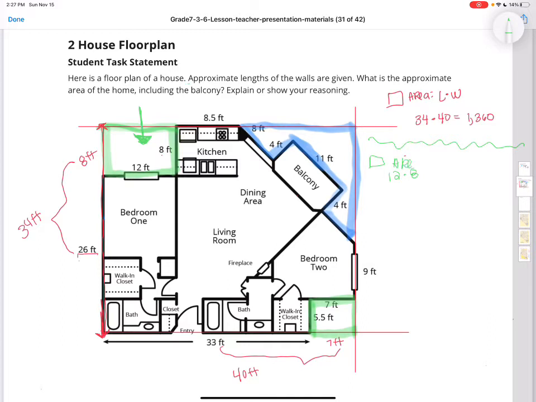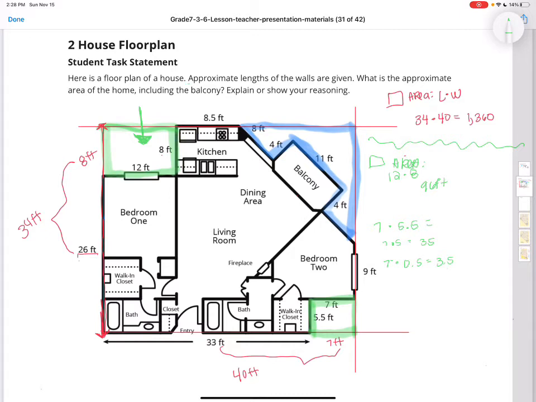It's the same as the area formula for the larger rectangle. So it's going to be 12 times 8, which is 96 feet squared. Then for the smaller rectangle, it will be 7 times 5.5, which, if we tie in that warm up, we'll say 7 times 5 is 35, and half of 7, which is 7 times 0.5, would give me 3.5.